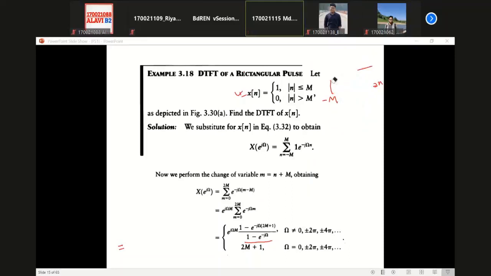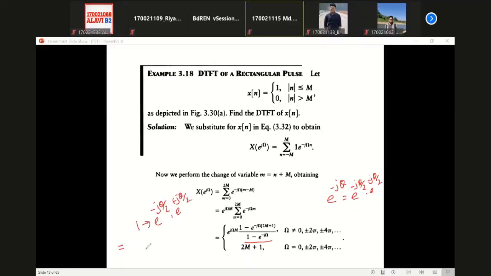Yes, sir. For example, if we have a term e to the power minus j theta, we can easily write it as e to the power minus j theta by 2 into e to the power minus j theta by 2. Can we write this? Yes, sir. Similarly, 1 can be written as e to the power minus j theta by 2 into e to the power plus j theta by 2. Can we write this? Yes, sir.